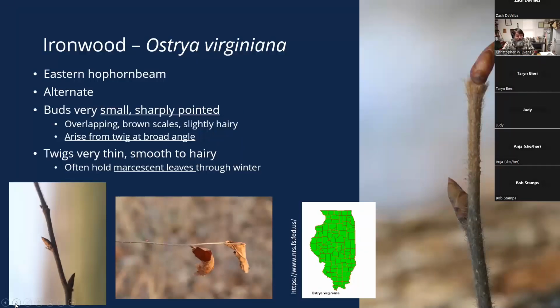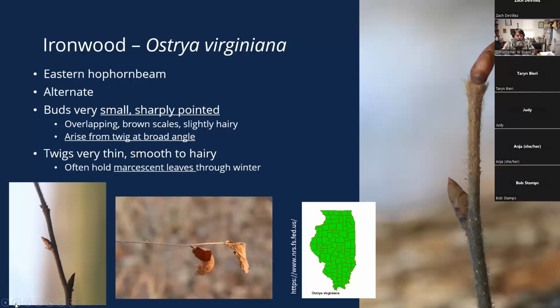Twigs are very, very thin. They can be smooth and they can be hairy. There's a little variation in them, but they often hold some leaves throughout winter, and that's a good characteristic for ironwood in the sense that it has those marcescent leaves, those leaves that kind of hang on. They're already dormant. The leaves have senesced, but they just don't fall off.